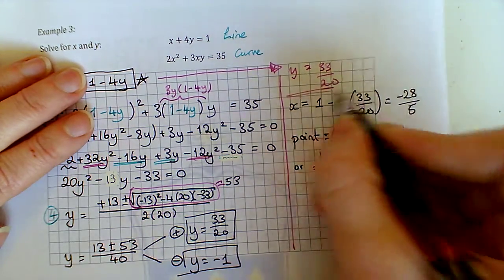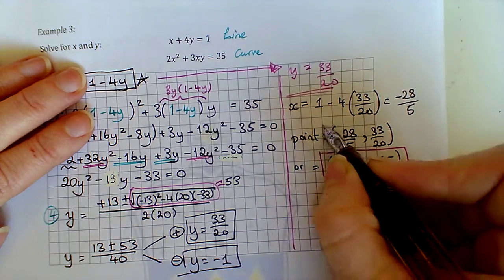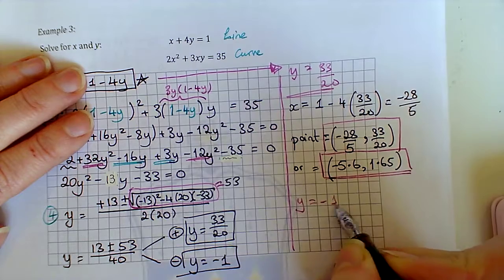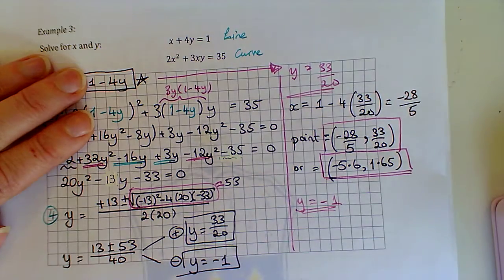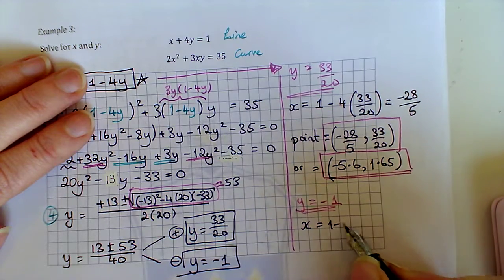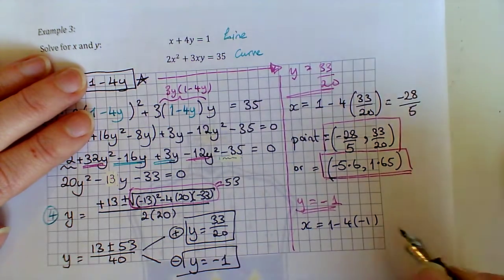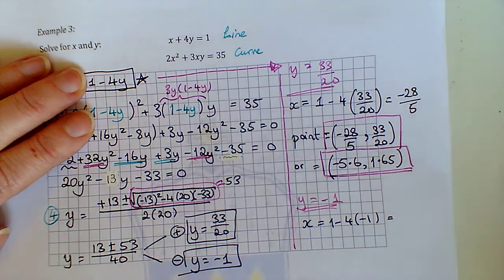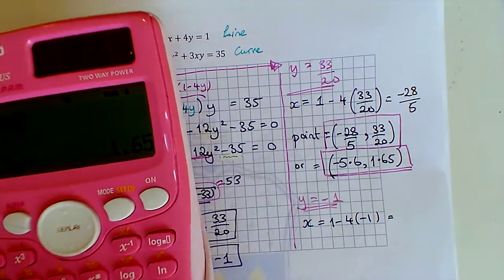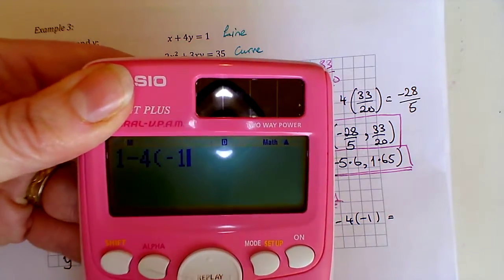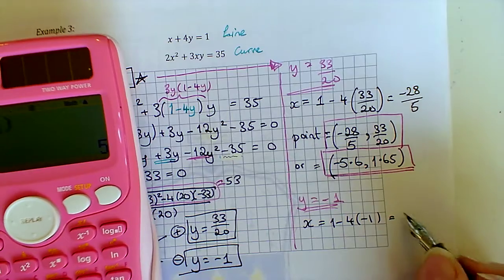Okay, the second solution then. So either of those will get you full marks. The second solution is when y is minus 1. So then we have x equals 1 minus 4 by minus 1, which is 1 plus 4, which is 5.